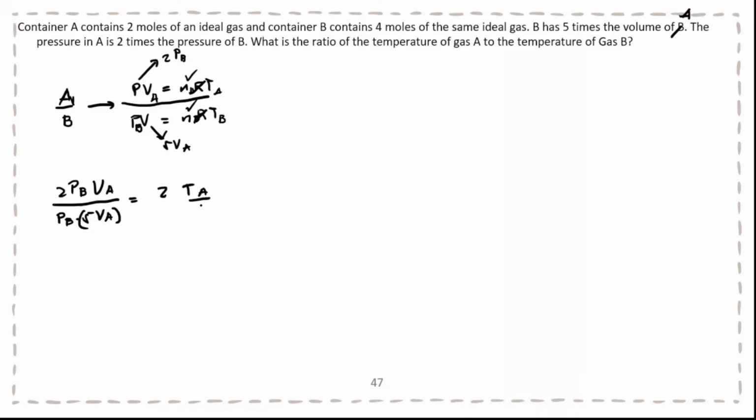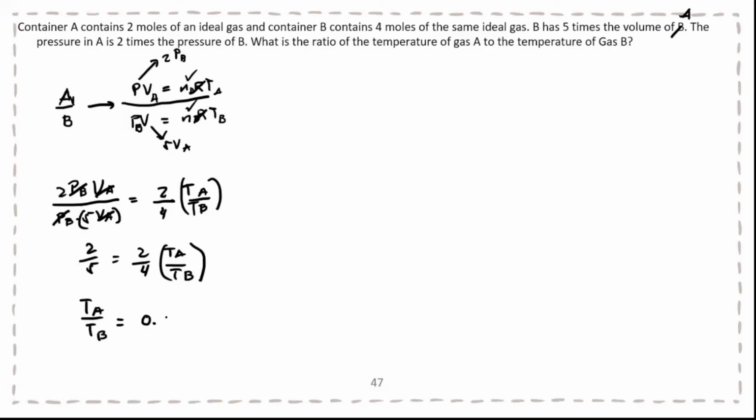So, TA over TB, ito yung tinatanong sa atin, over 4 yung NB. So, cancel out this TB, cancel out this TA. We are left with 2/5 equal to 2/4 TA over TB. Ito yung tinatanong sa atin. So, TA over TB is equal to 0.8. So, that is our answer now.